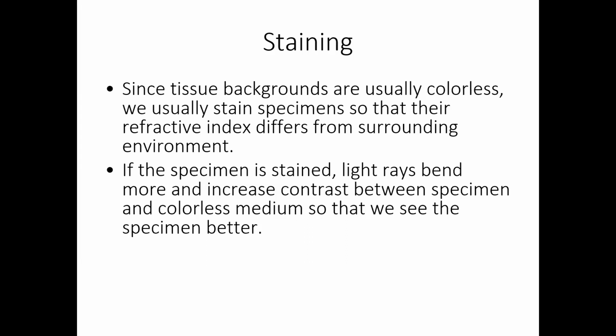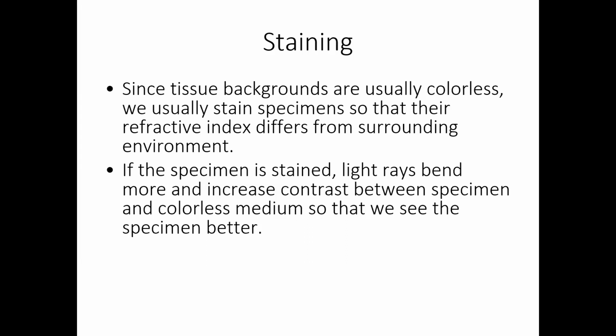So the only way we can look at a lot of tissues is to apply a dye, a stain, which bends light rays and gives you more contrast. You really can't see anything otherwise. But a stain that gets absorbed by different areas of the cell allows those areas to suddenly become clear.